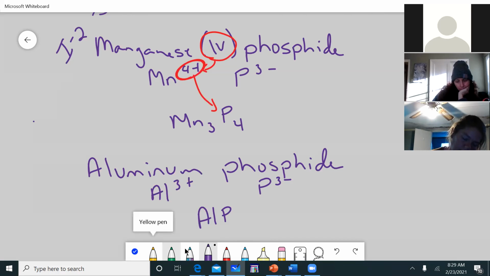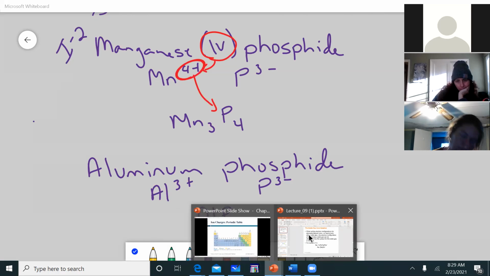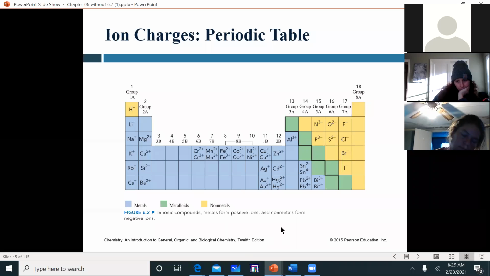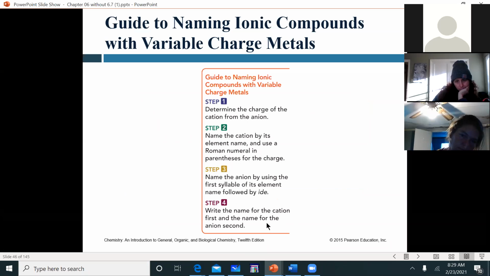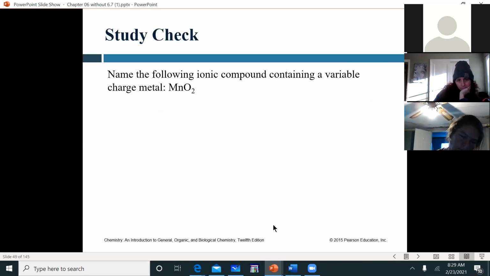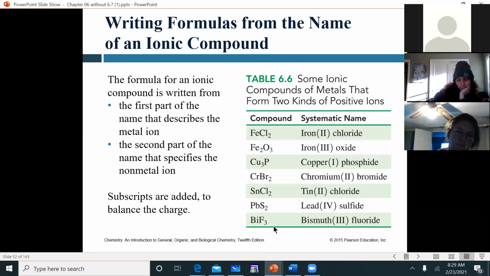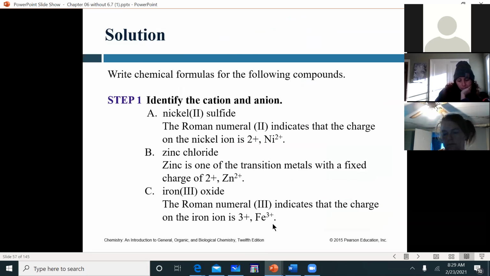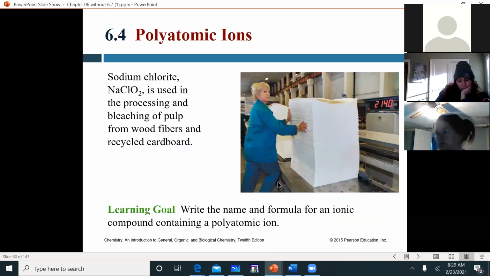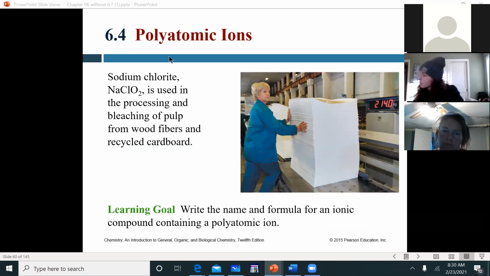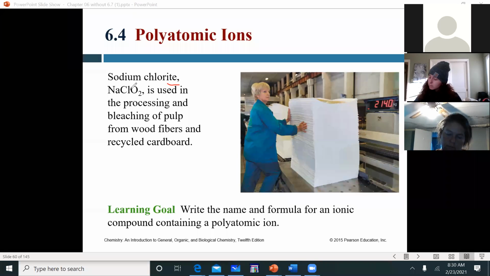Okay, let's make it more complicated. Why not? We'll add some polyatomic ions in there. Keep going through here. We're good with all this, hopefully. All right. So we've got a compound here. It's called sodium chlorite. It's ending in ITE. You see that? It's not IDE, so it's not sodium chloride, which would be table salt.